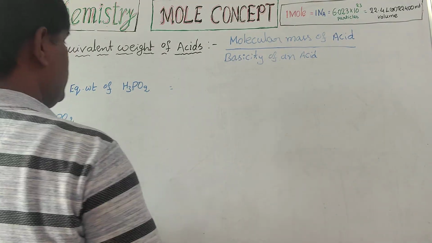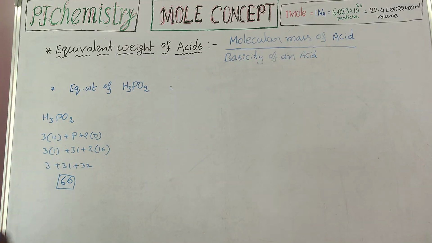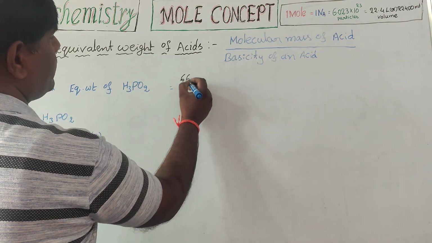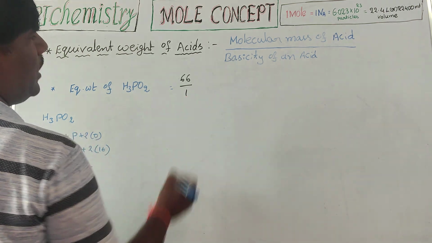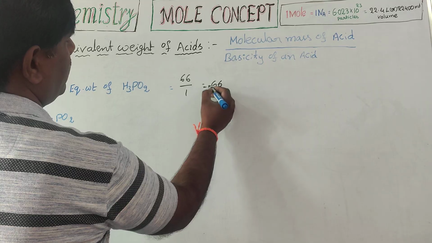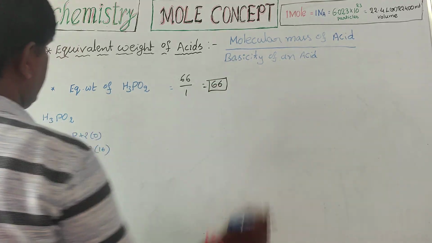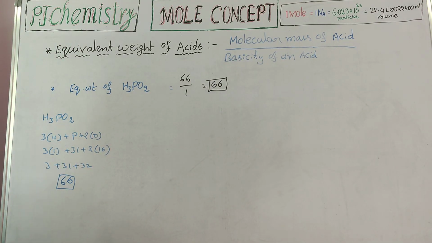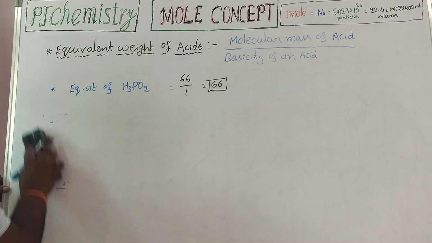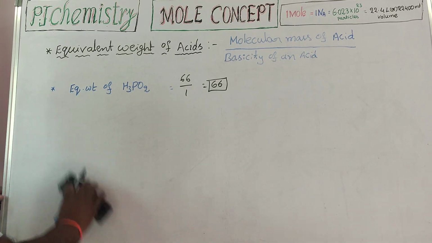Now it is easy to calculate. We already got the molecular mass: 66 divided by basicity 1. Total 66 only. That is the equivalent weight of H3PO2.